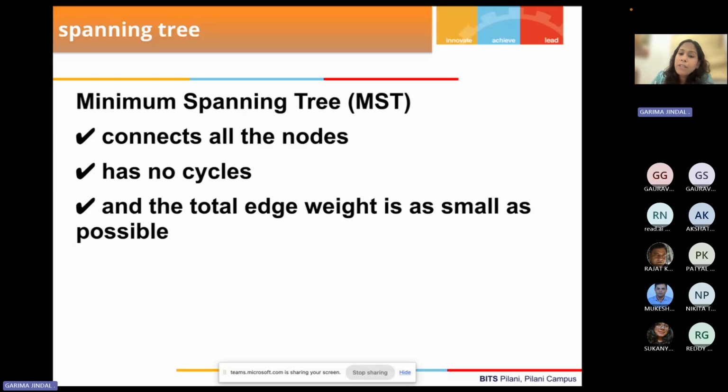All the remaining edges are removed, and the total edge weight is as small as possible. So in a minimum spanning tree, the sum of all the edges should be minimum, there should be no cycle, and all the nodes should be connected.